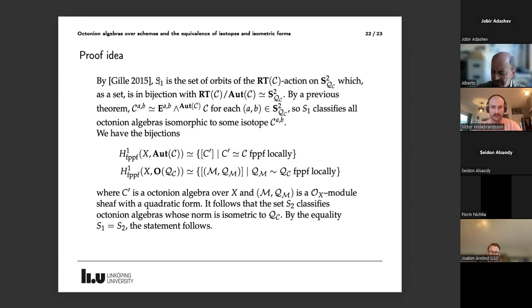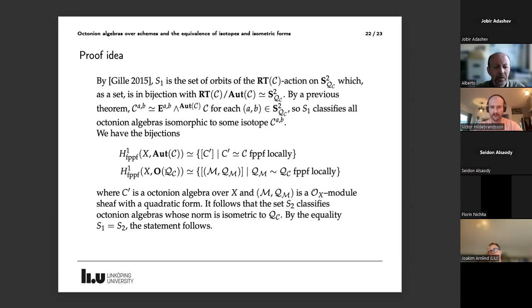So S1 classifies all the Octonion algebras which are in the same isomorphism class as some isotope. And we have the bijection that the first cohomology of our automorphism group is exactly the isomorphism classes of Octonion algebras over X which are locally isomorphic to our base Octonion algebra.